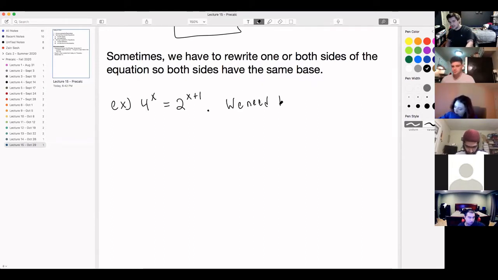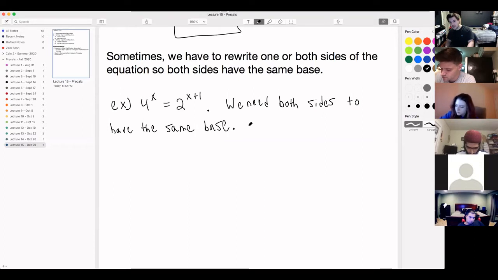We need both sides to have the same base. Okay, and this is very easy. So all you do is you rewrite 4 as 2 squared, okay?